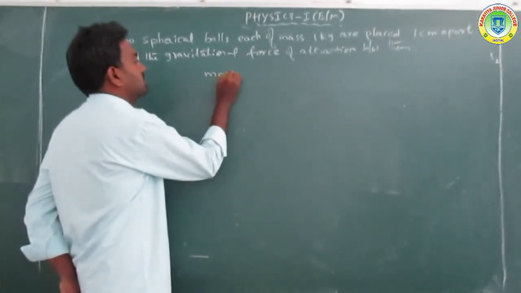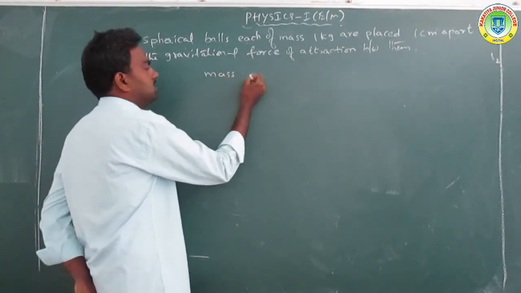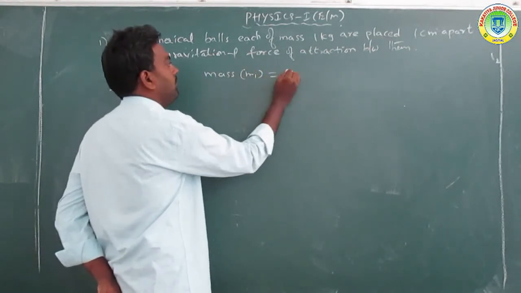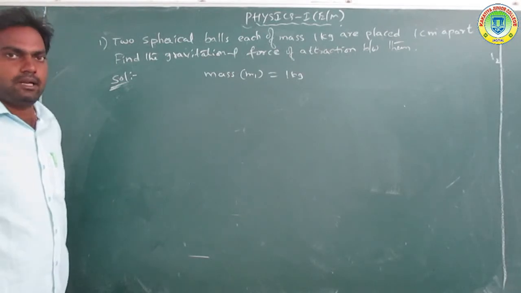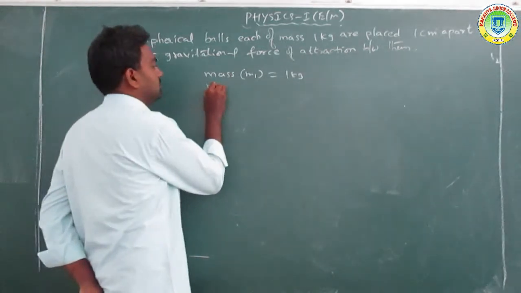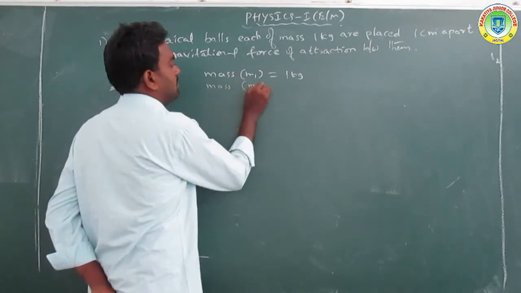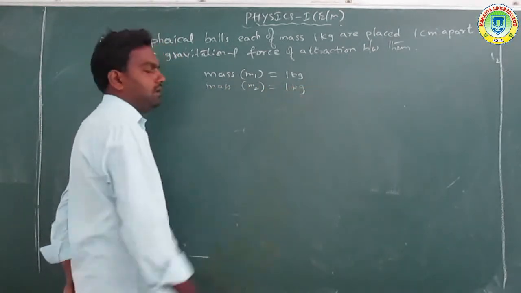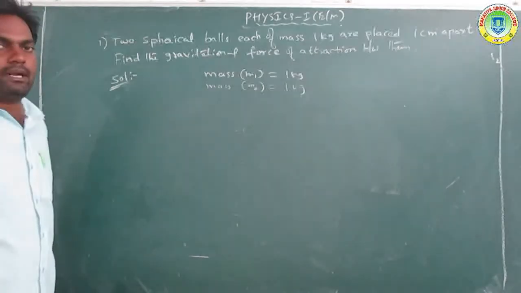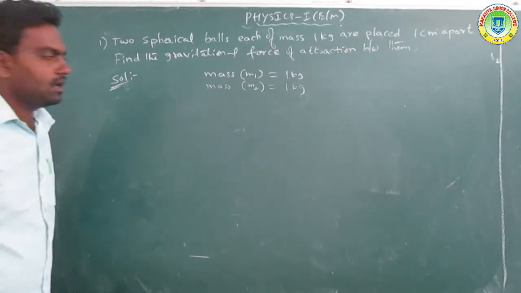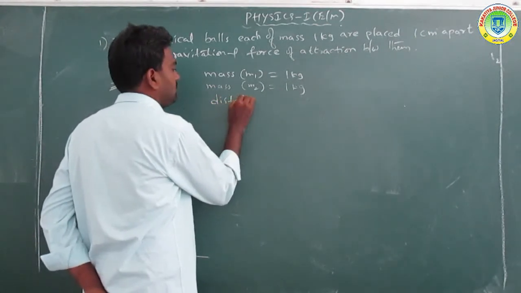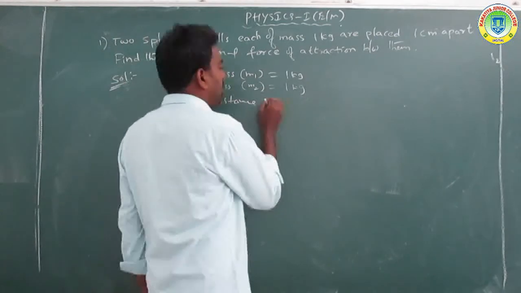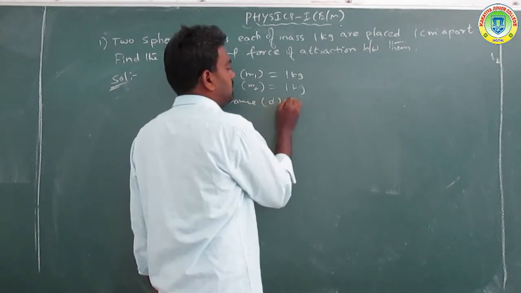The mass of the second ball m2 is also 1 kg, and the two balls are separated by a distance r, or d, equal to 1 centimeter.